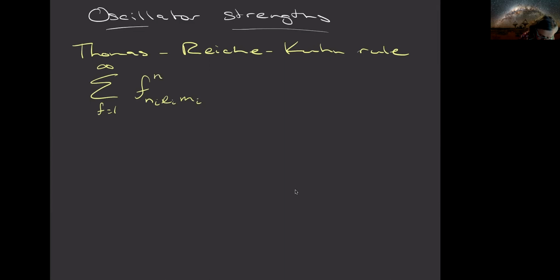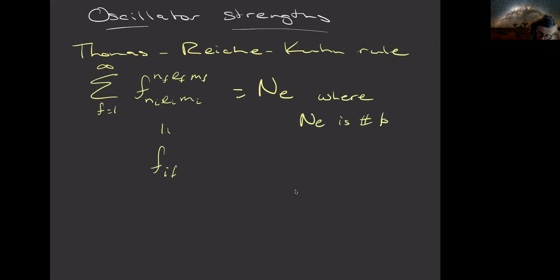So this mechanism of writing this is just saying that this is equivalent to an f_if, but I'm writing it for each one of our different states. So this is integrating over a number of electrons, number of bound electrons. And that can be going in either direction. Where Z is the number of bound electrons.